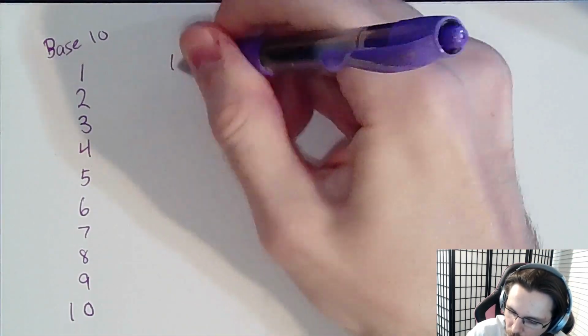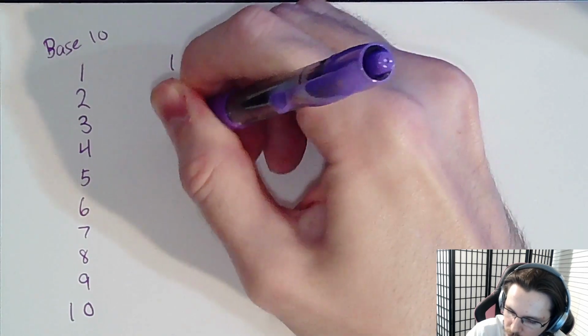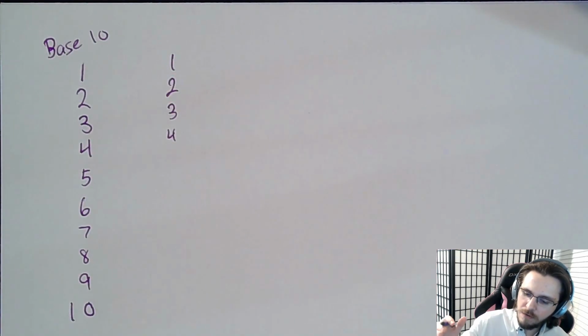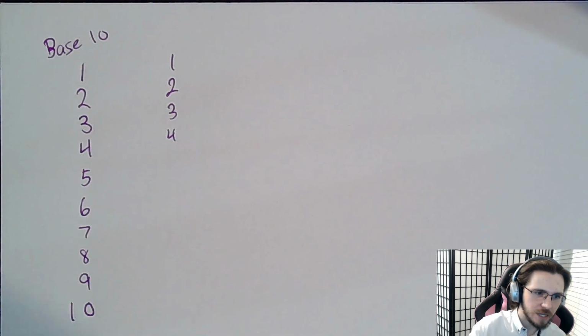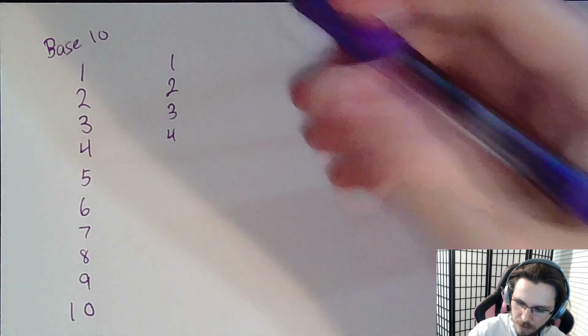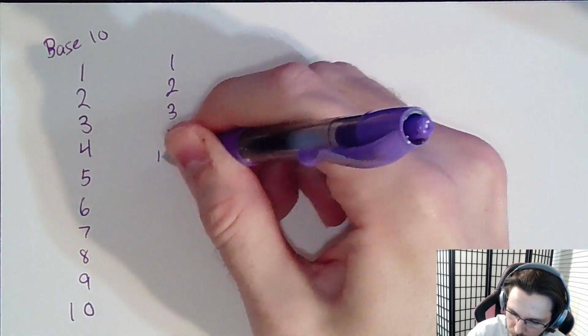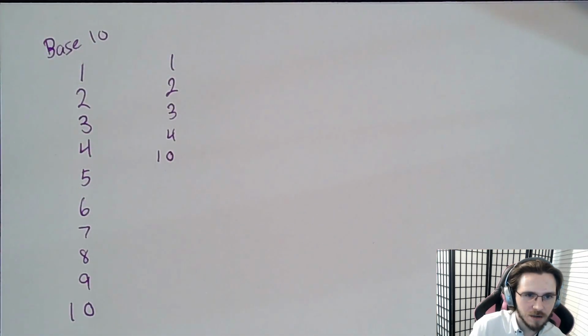And this is how they counted. So they would count 1, 2, 3, 4, and then they didn't have a symbol for 5. Instead, that's when they started repeating their numbers.